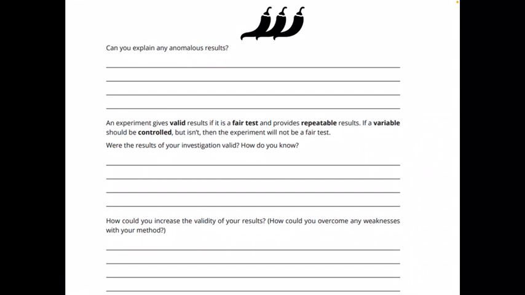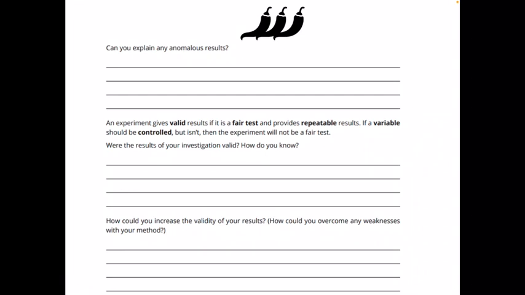It doesn't matter if it fits what they want or not, they will collect it, and these anomalous results are normally identified, and normally something's gone wrong. So it might be nice for you to reflect on what you think went wrong. So if there was something, this one was an anomaly because I didn't open the parachute when I dropped it.